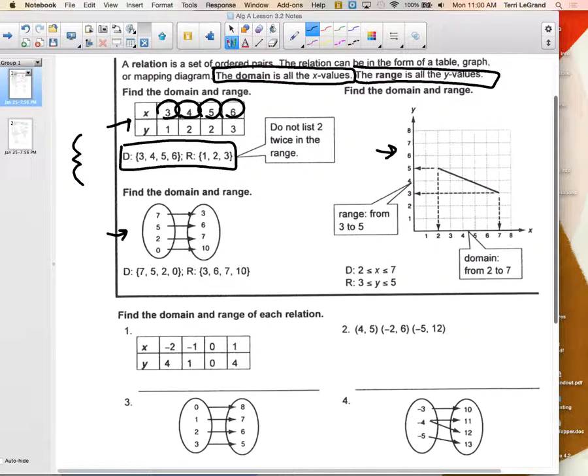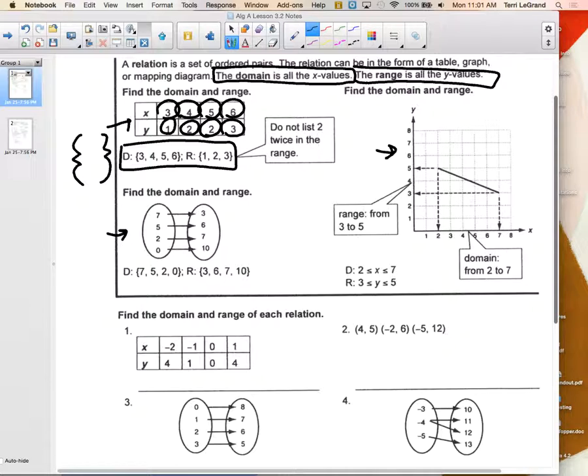And then we close our set with our bracket. And in our range, capital R, colon, we have a 1, a 2, another 2, and then a 3. We do not repeat that 2 in the range. We just say the y values that can be in the range are 1, 2, and 3. We do not have to state that 2 twice. So the domain is all the x values, and the range is all the possible y values.